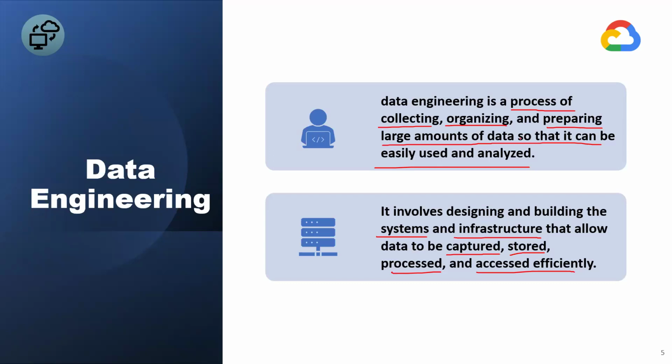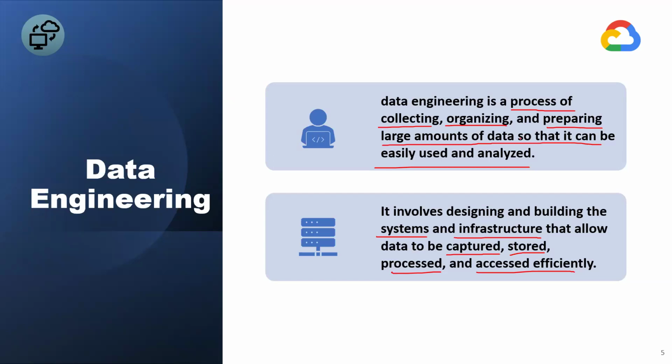In data engineering, you are not only working on extraction, organizing, preparing, storing, and analyzing the data, you should also focus on creating the systems or the infrastructure allowing this entire process. So that is what data engineering is, sir.